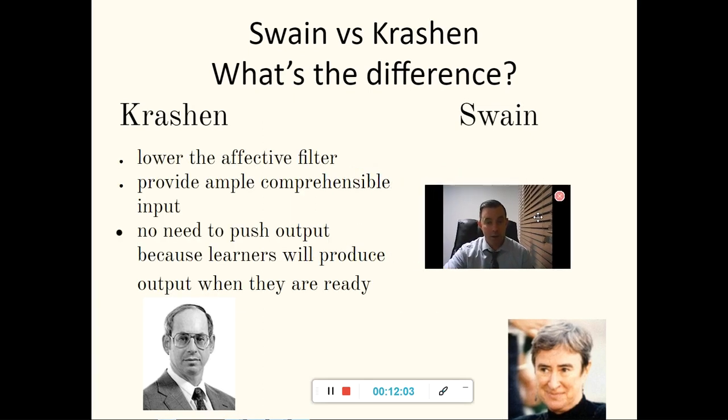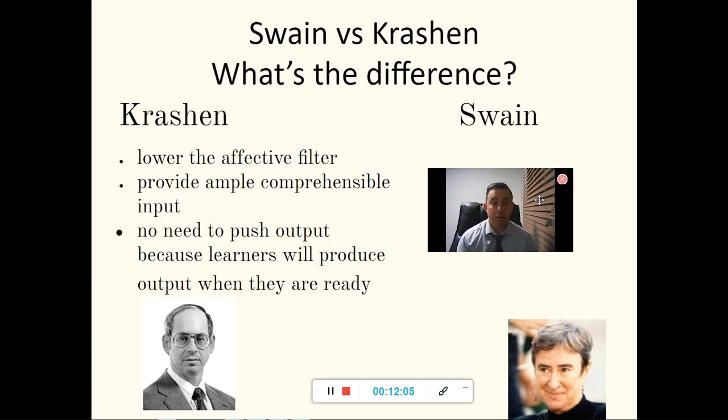Krashen, of course, said we need to lower the affective filter, we need to provide ample comprehensible input, so lots and lots of I+1, no need to push output, because learners are going to produce output when they're ready. And they go through a silent period as they are receiving that comprehensible input, and one day they kind of produce on their own.